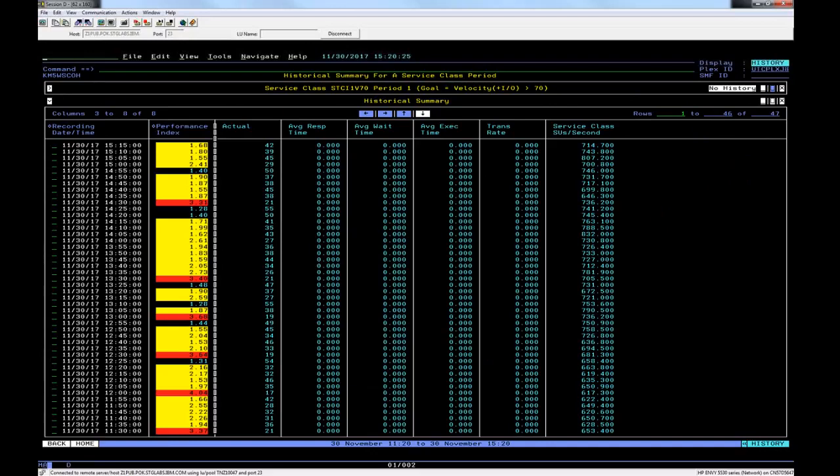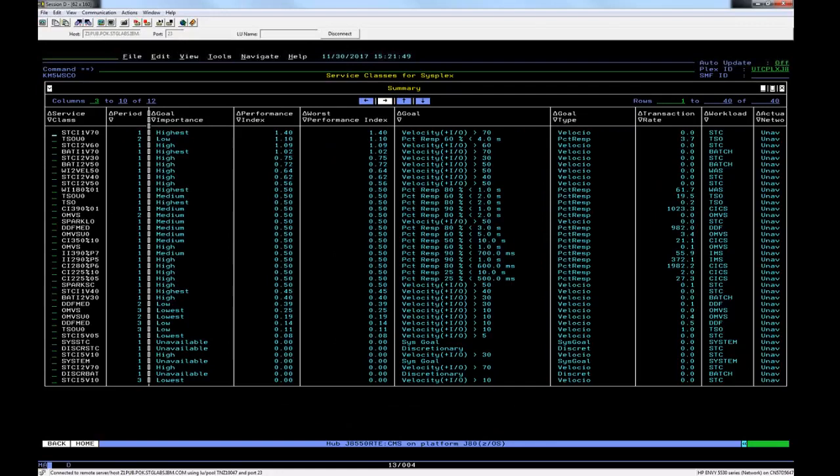In these cases, obviously, we're not exceeding the velocity, and in fact, the performance index is telling us that the velocity is at a level at which we consider a warning threshold and a critical threshold. So this service class isn't doing terribly well in meeting its goals, and that's probably why it's percolated to the top of the list or the default sequencing.